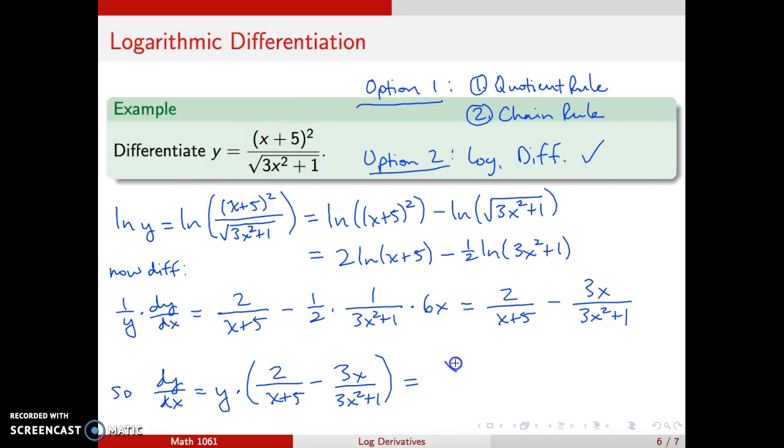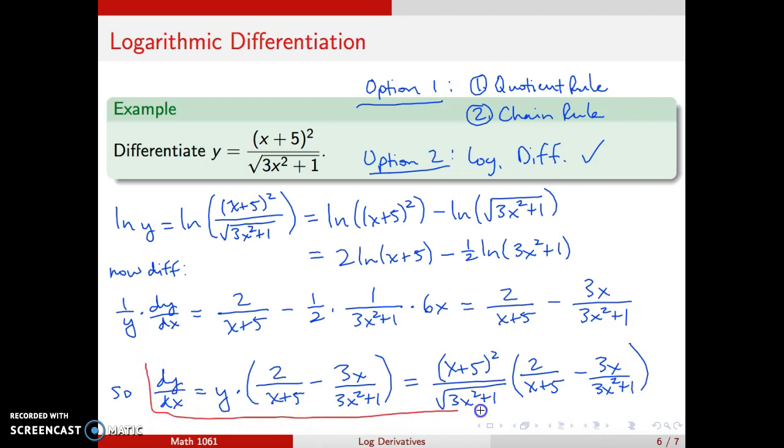So it's x plus 5 squared over the square root of 3x squared plus 1 times the quantity 2 over x plus 5 minus 3x over 3x squared plus 1. Did we save more time doing it this way? I don't know. It might have been faster to do option 1. We just wanted to show how to do it. There'll be some where it is faster to use logarithmic differentiation, and there'll be some where you have to use logarithmic differentiation.